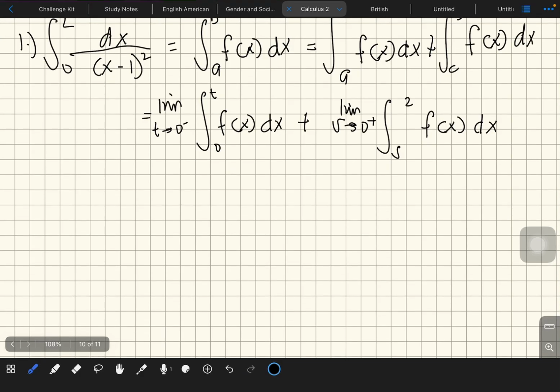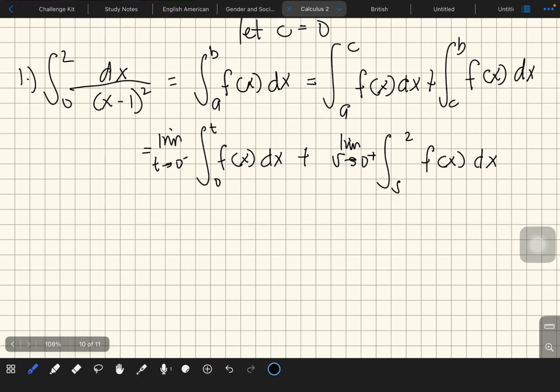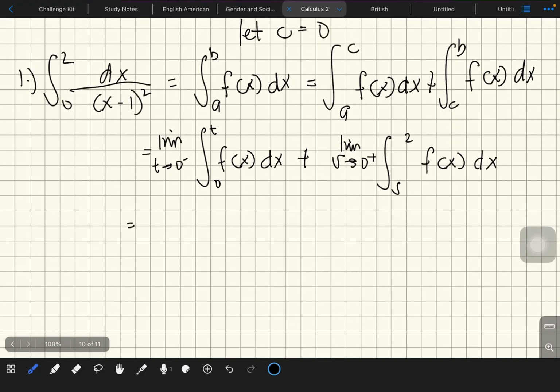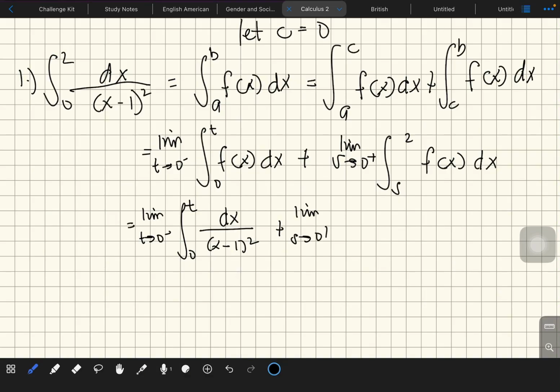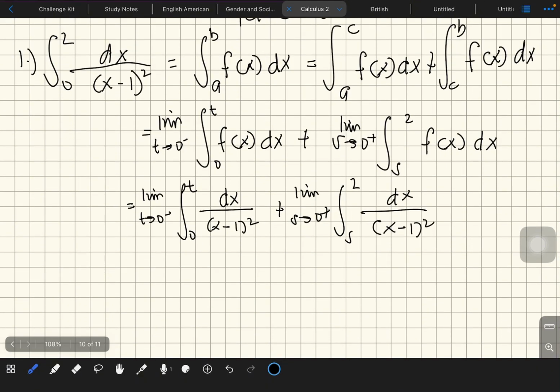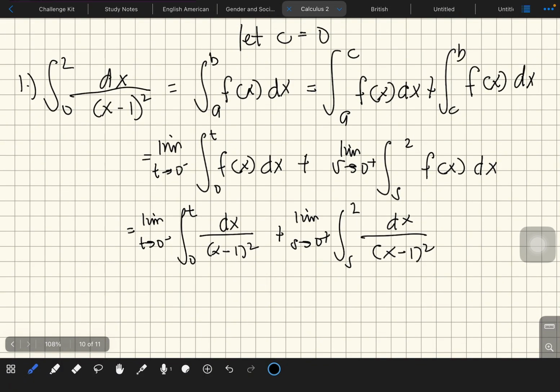Now we substitute f(x) into the equation. This becomes the limit as t approaches 1 from the left of the integral from 0 to t of dx over (x minus 1) squared, plus the limit as s approaches 1 from the right of the integral from s to 2 of dx over (x minus 1) squared.